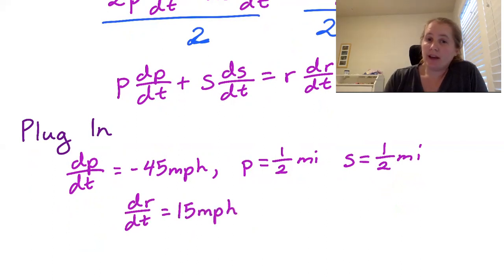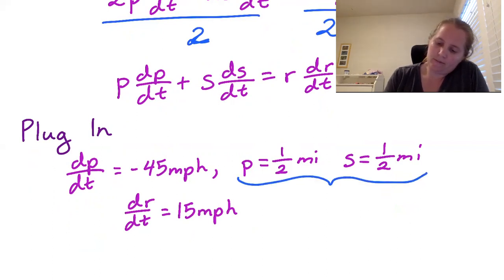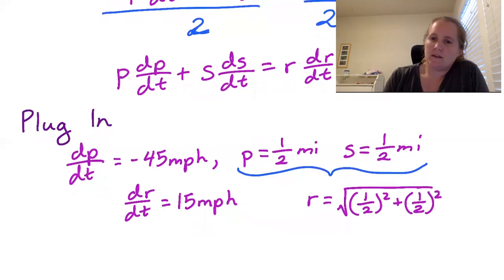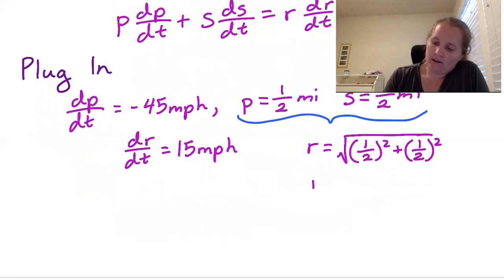We can find R using these two pieces of information. So R would be equal to the square root of P squared plus S squared. So 1/2 squared plus 1/2 squared, and we get that R is equal to the square root of 1/4 plus 1/4, which is 1/2.